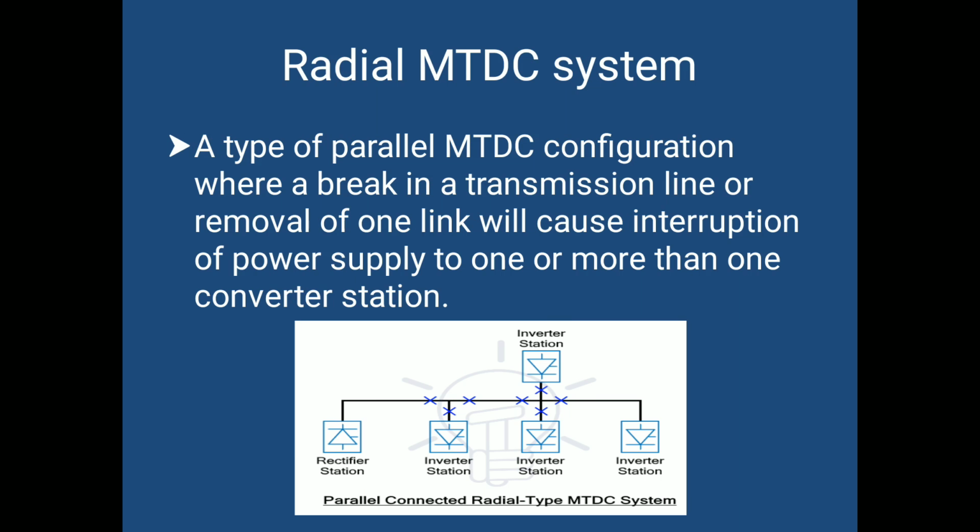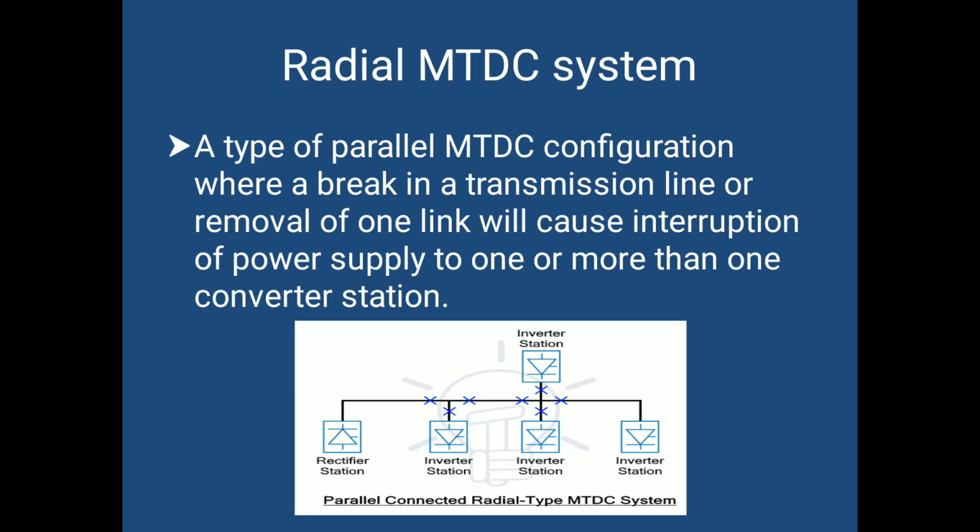So let us see about one type of parallel MTDC system, that is the radial MTDC system. So this is the diagram of the radial MTDC system. It is a type of parallel MTDC configuration where a break in a transmission line or removal of one link will cause interruption of power supply to one or more converter stations.